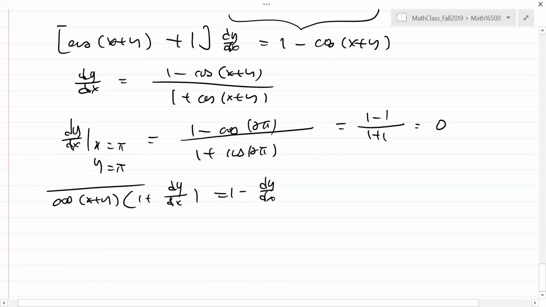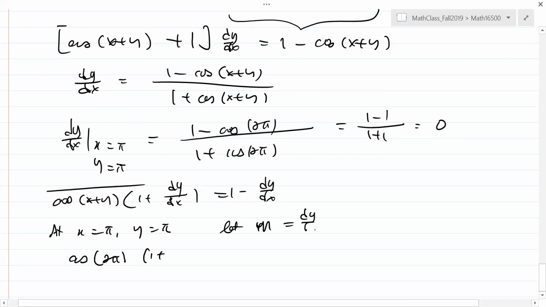You can restrict this equation to the point, okay? At x equals pi, y equals pi. This equation becomes 2 pi here, 1 plus the derivative. You can let m be the derivative at a particular point.